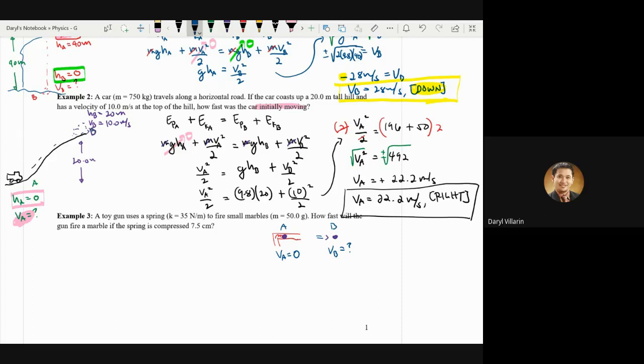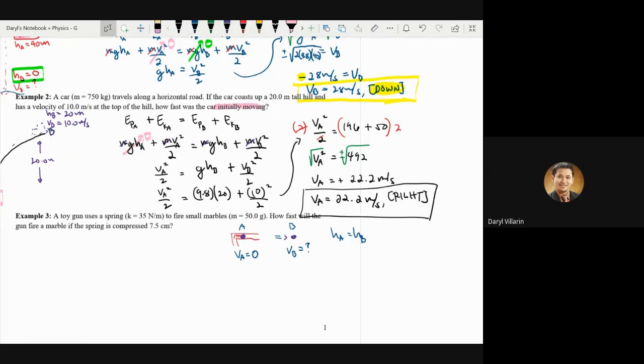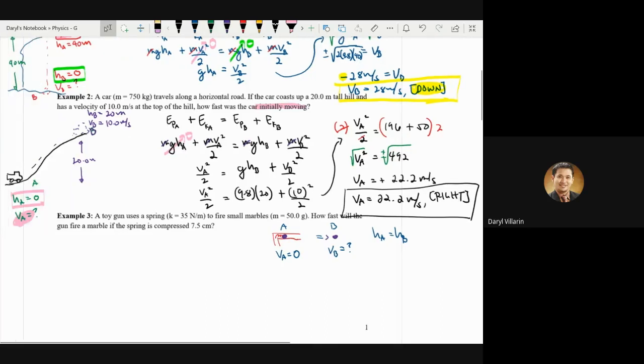So again, in this case, HA is just equivalent to HB. Therefore, you don't have any gain in potential energy here. Gravitational potential energy is not taken into account, because you can set that one as zero since there's no difference.